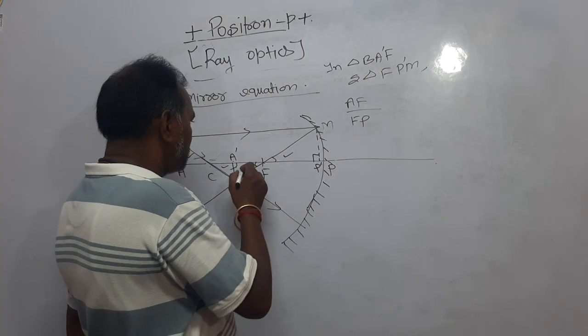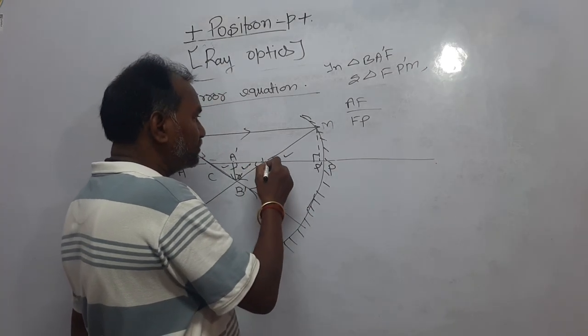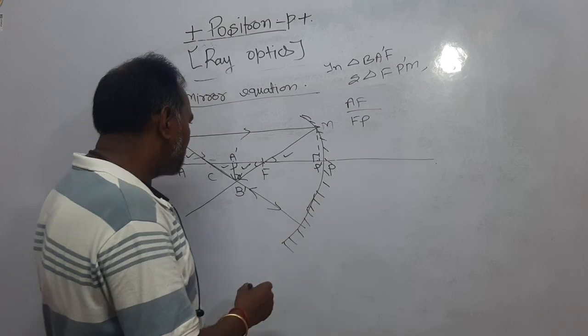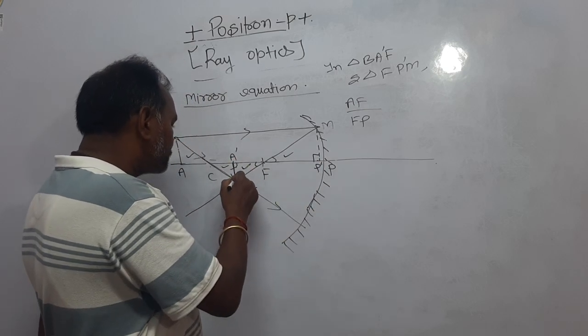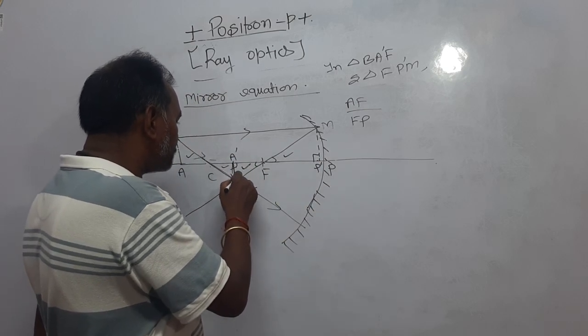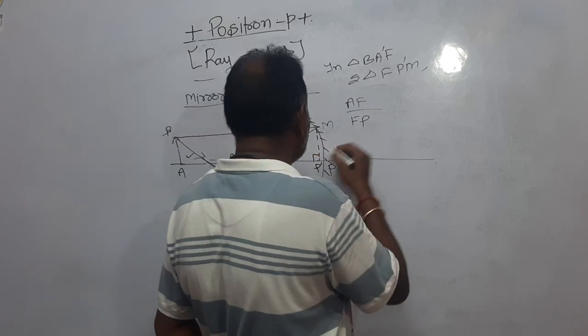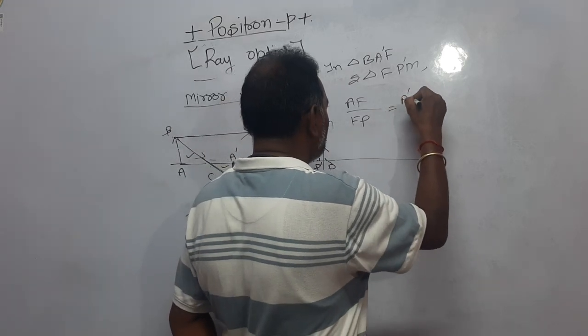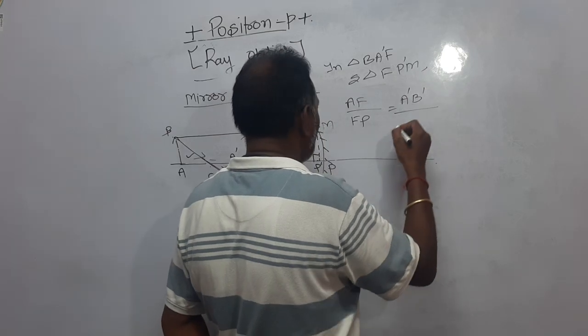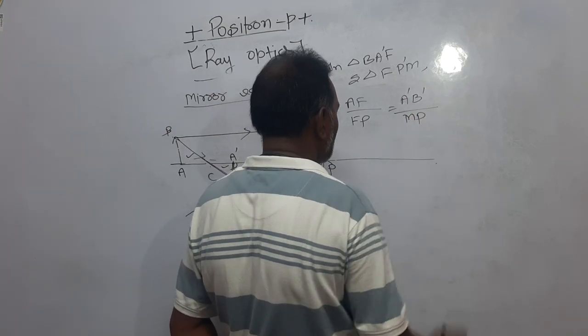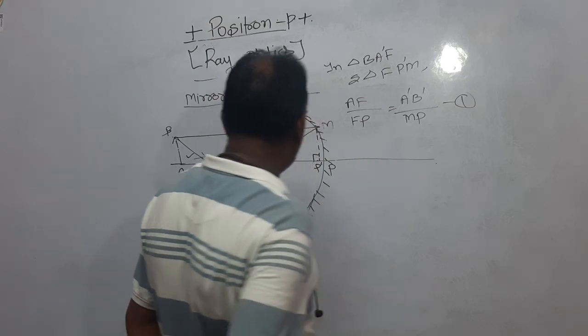And first, base of this divided by base of this, and after that the perpendicular height of this triangle divided by the height of this triangle, that is A dash B dash divided by MP, right? Let it be equation 1.